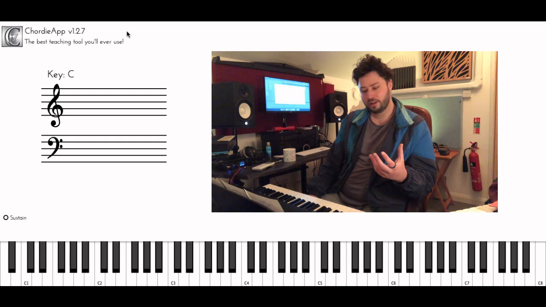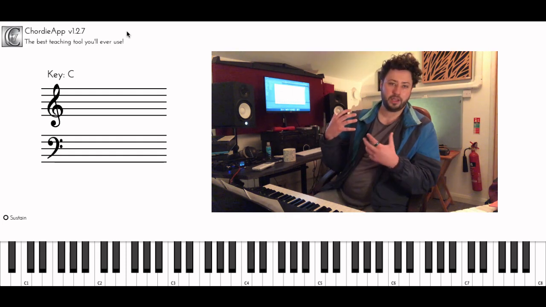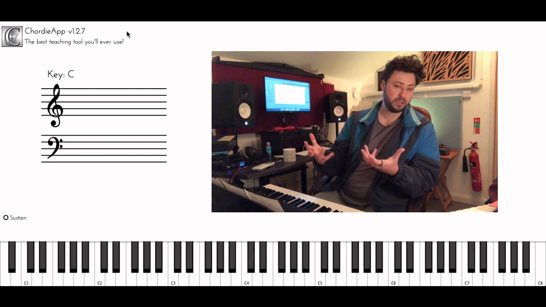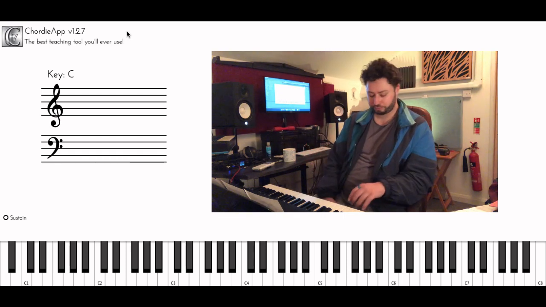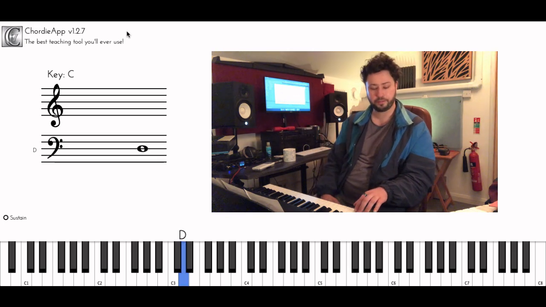And all that's happening as we go to the right on the keyboard is that the pitch or the frequency of the notes is increasing. So just listen again and you can hear that it's getting higher and higher as we go to the right.